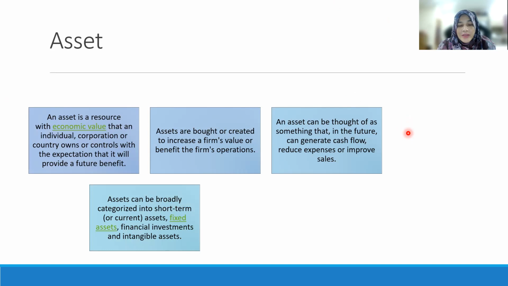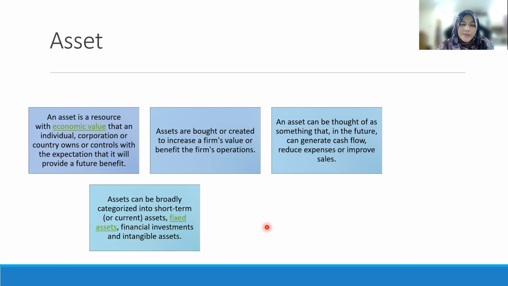So the amount that the customer owes to the company is something that will be received by the company in the future. That's why it is known as receivable.